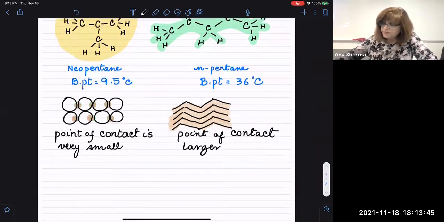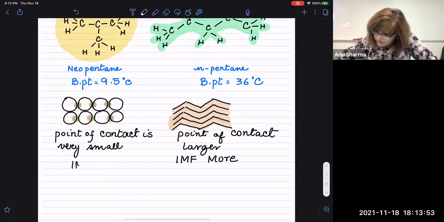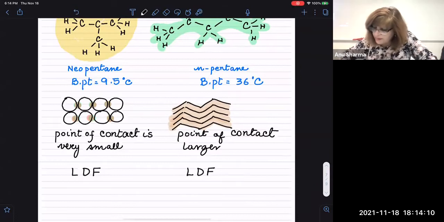Because of that, the intermolecular forces are more here. Here, the intermolecular forces are less. Now, what kind of intermolecular forces? These are called the London dispersion forces. Here, the London dispersion forces are less. Here, the London dispersion is more.